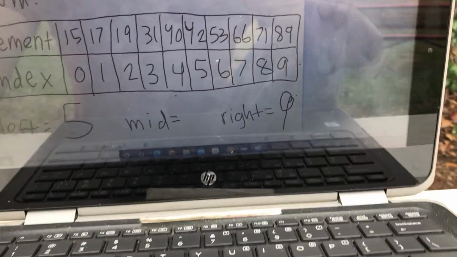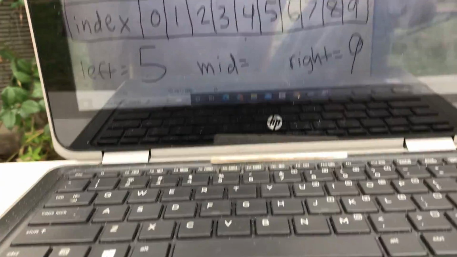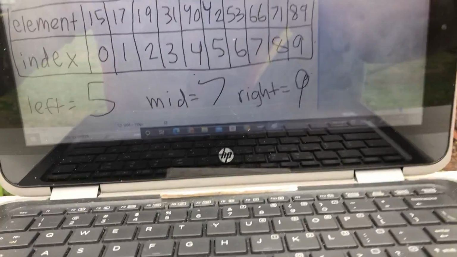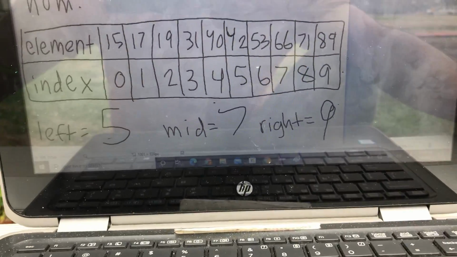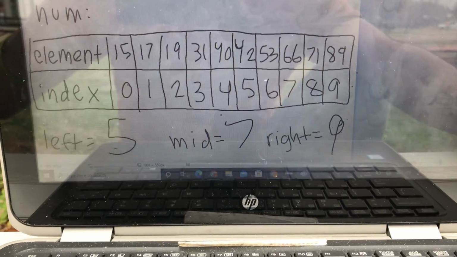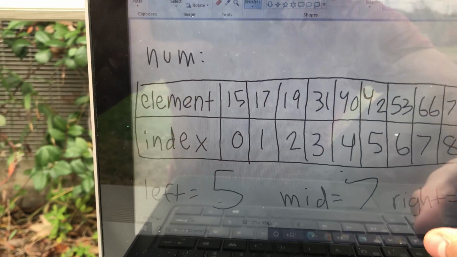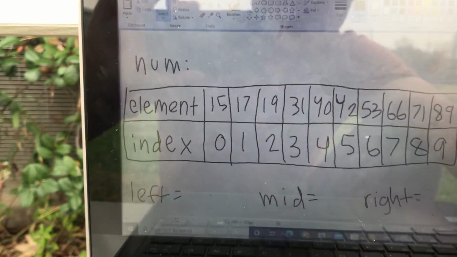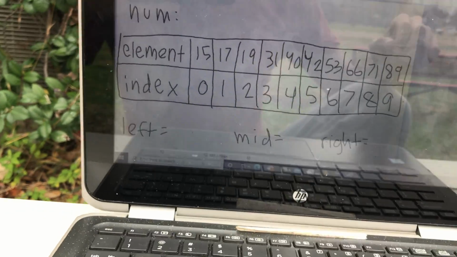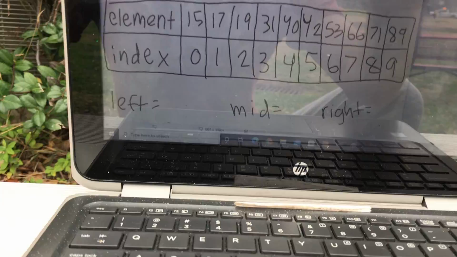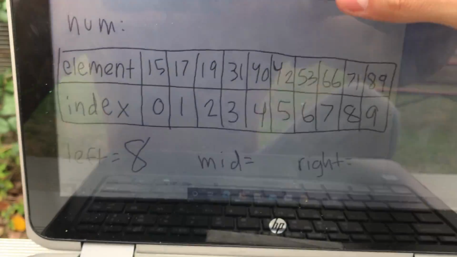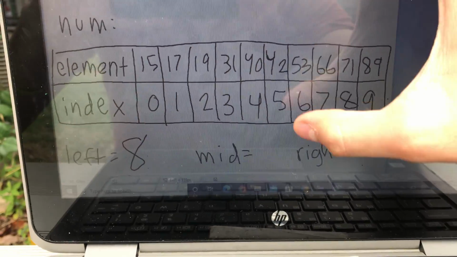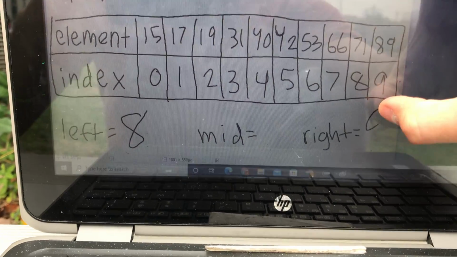And our target was 69, just keep that in mind. So then again, our mid now becomes 5 plus 9 divided by 2, that's 7. Let's look at our element at index 7, which is 66. 69 is still greater than 66, the element at index 7. So in this case, we get a new left index again. It was 7, that means left would be 7 plus 1, which is 8. Our mid is not determined yet, and our right is 9, hasn't changed.